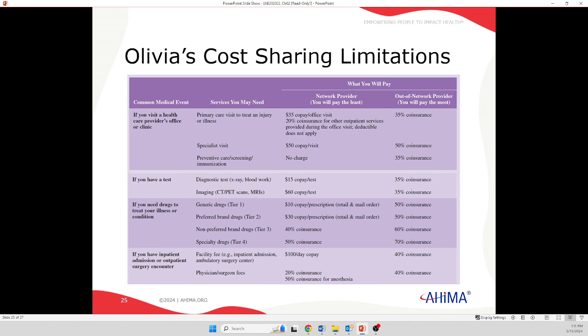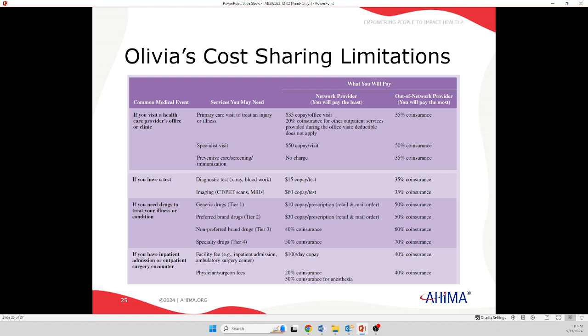She had her first prenatal. She paid the remaining $70 of her deductible plus the co-payment for her first visit, which her plan considers specialty. So she paid a copay of $50, and then she paid that every month.